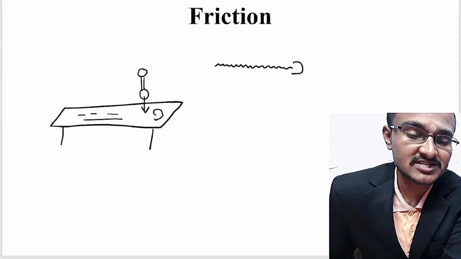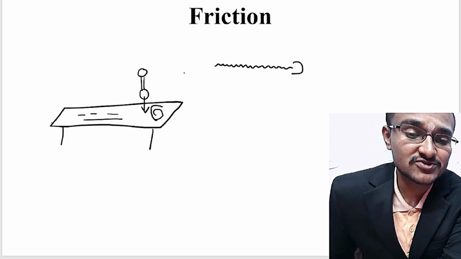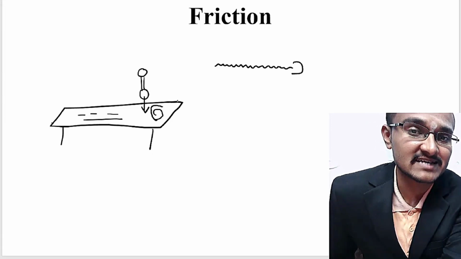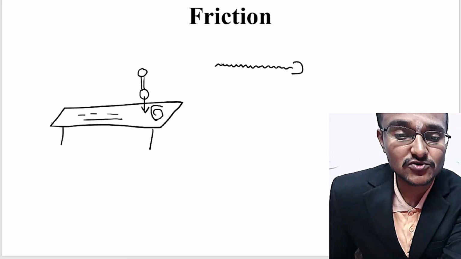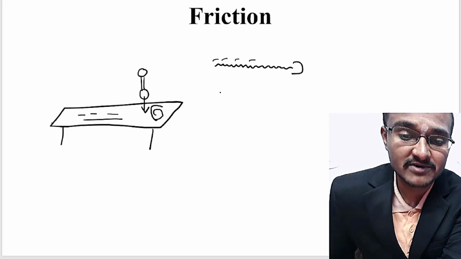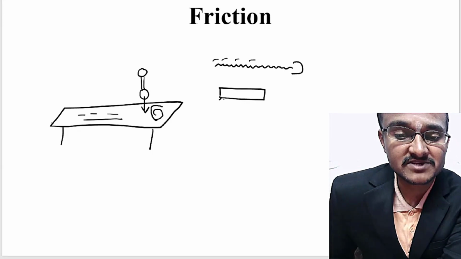When you touch the surface of this table, you might feel that it is smooth, and even when you see the table, you might feel that the surface is smooth. But only when you look at this table through a microscope can you observe there are a lot of irregularities on it. Similarly, if you keep a book on this table, even the bottom surface of the book might feel smooth to your hands.